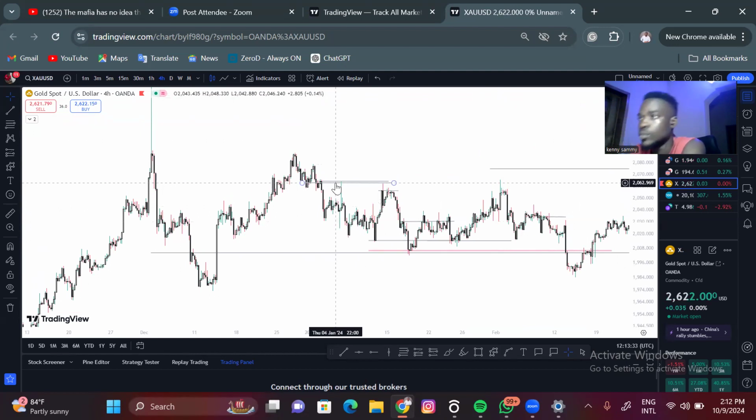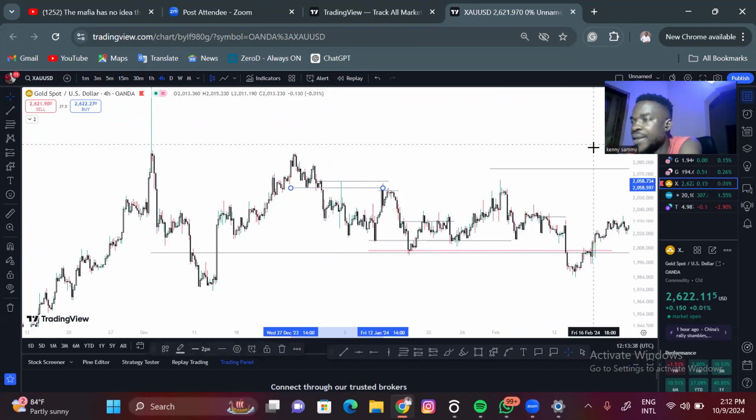As you can see, there's a support level here. There's a support level here. Technically, what you should be expecting to see from this support level is, this market was going up and it rejected from the all-time high here, and then it came down, created a low here, went to here, created a lower low, lower high, then created a lower low.